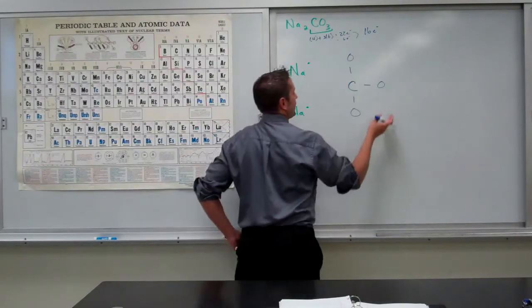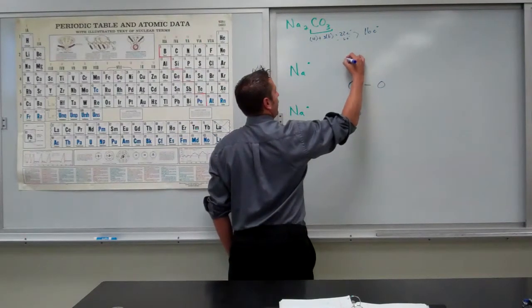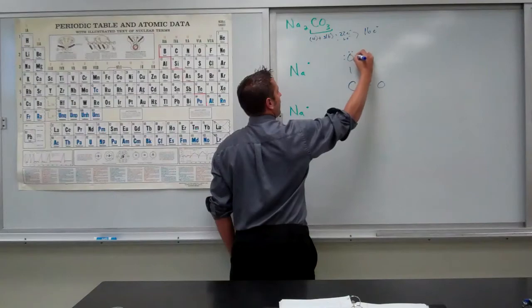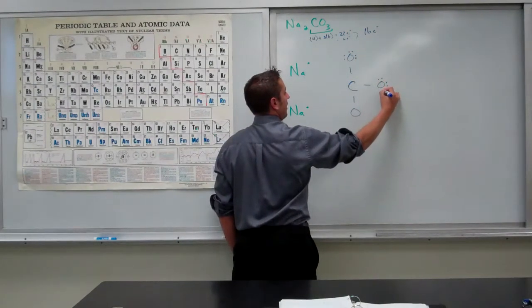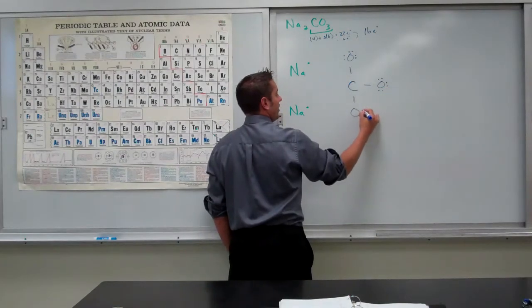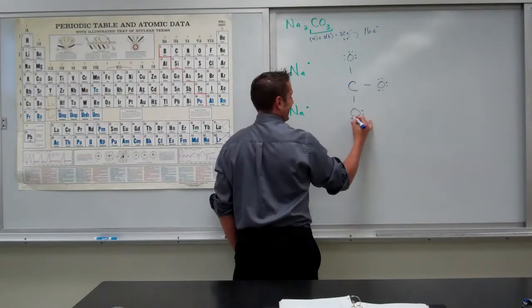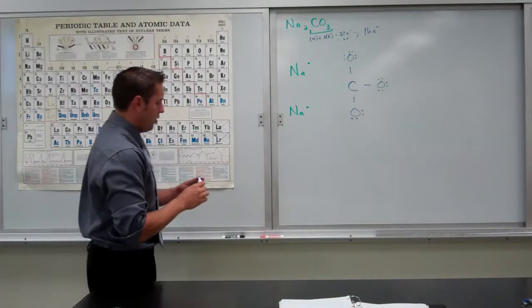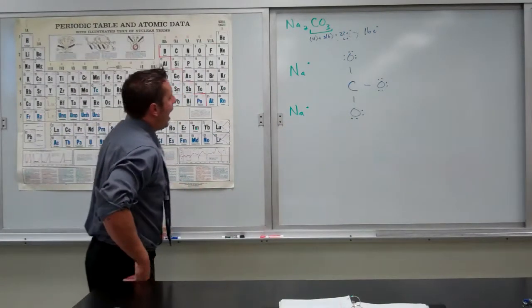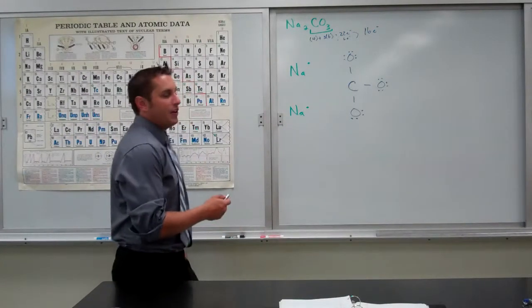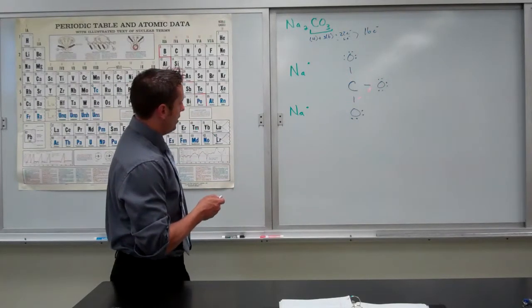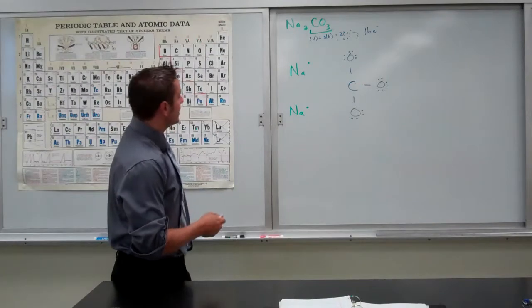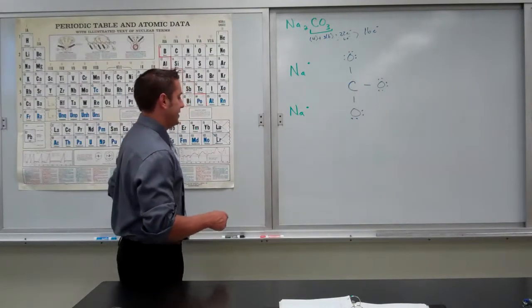So now we'll try to fill our octets from the outside at 1, 2, 3, 4, 5, 6. That's good. 7, 8, 9, 10, 11, 12. That's good. 13, 14, 15, 16. Right? So what's happened is I have filled the octet of this O and this O, but carbon only has 6 and oxygen only has 6.